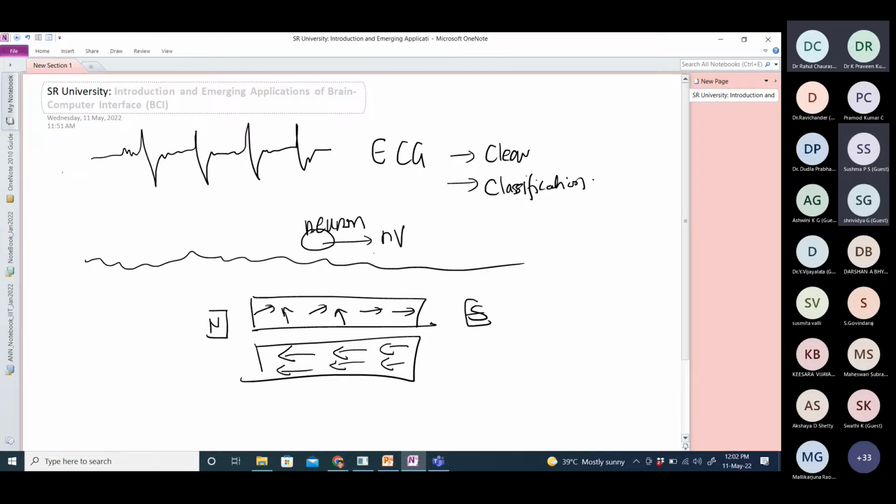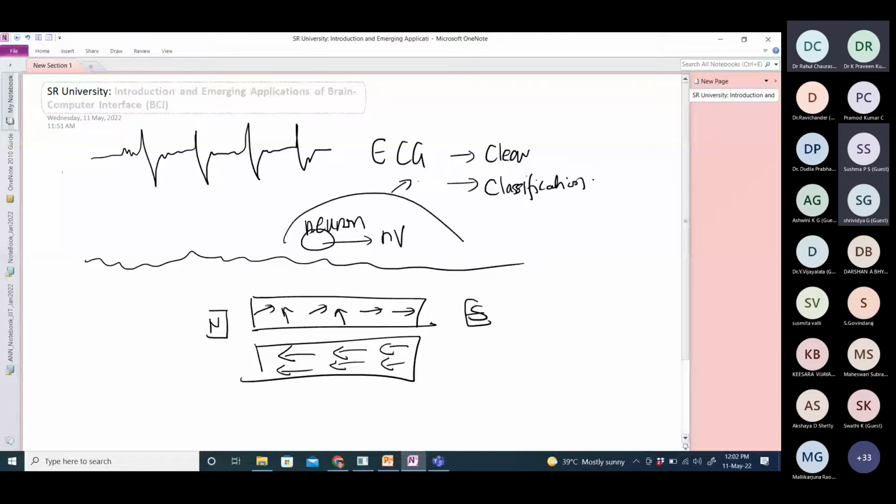So your neurons are continuously producing voltage. There are millions of neurons in our brain, but if you think in a particular direction, all the neurons produce a particular effect, and based on that, from your scalp you can measure some voltage, which is still not very high.